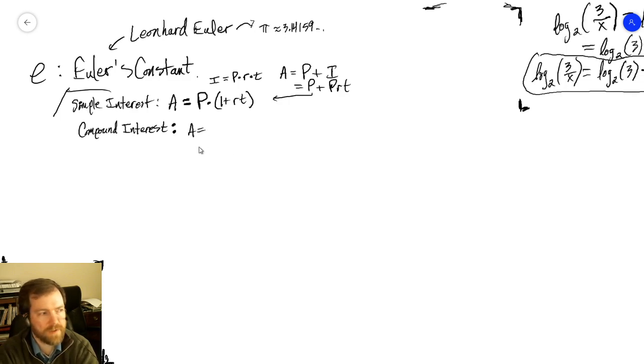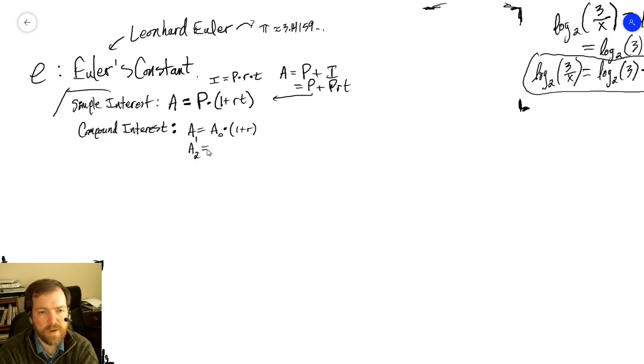So let's say A1 is going to be A0 times simple interest over 1 year. So this is going to be 1 plus R. We're not even going to do T right now because we're going to assume that this is at 1 year intervals.